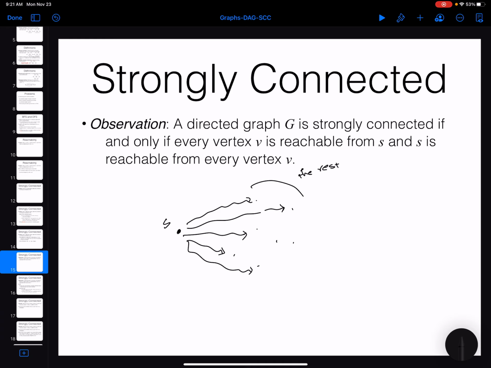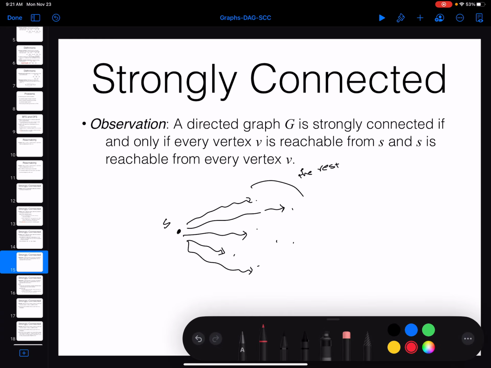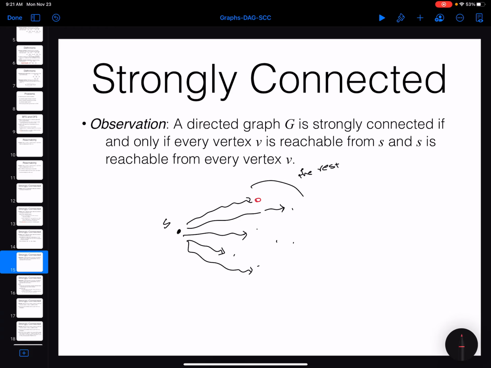If your graph is strongly connected, it means that if you take any node, there is a path from this node to all other nodes, and there is a path from every other node to this node. So you can find a path from all these other nodes to S. And that's enough to check.